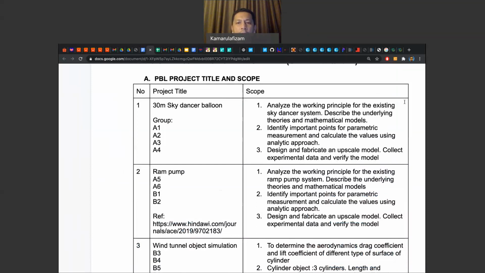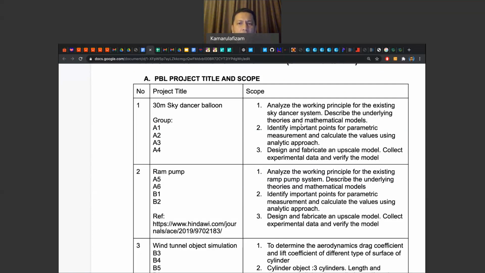All right, and then when you gather the theories and put in all the mathematical models or functions that are involved, I need you to identify the important points in and on the balloon itself.